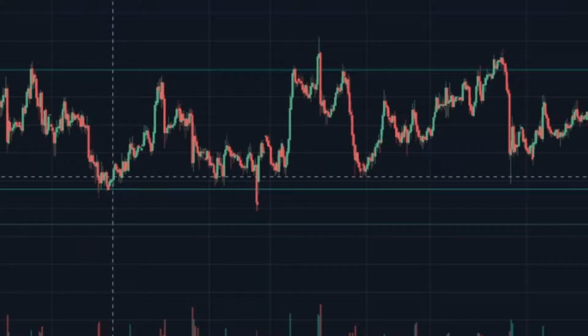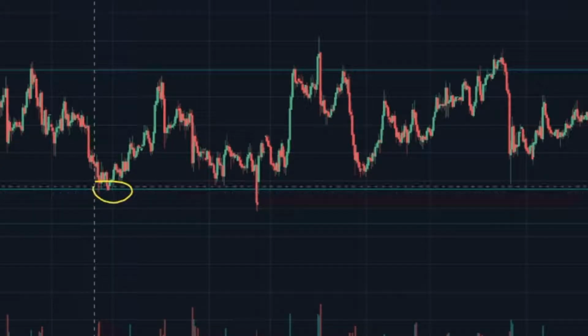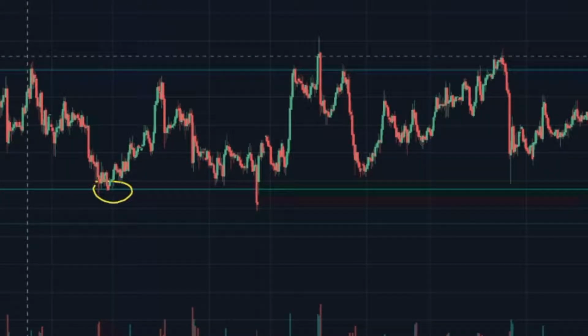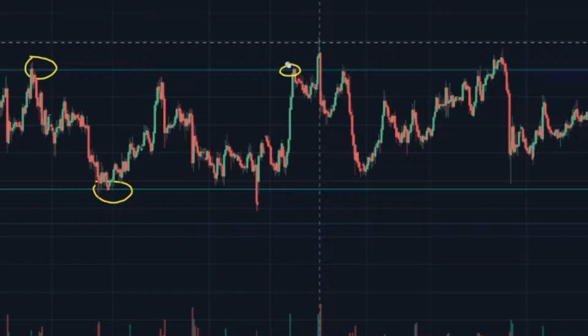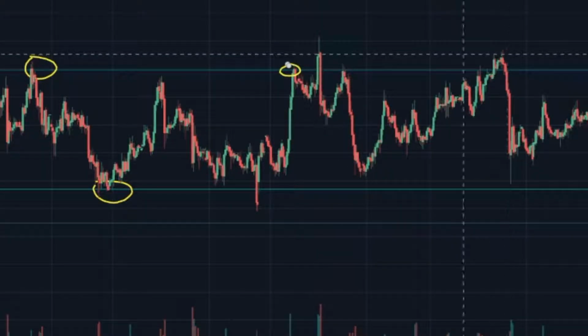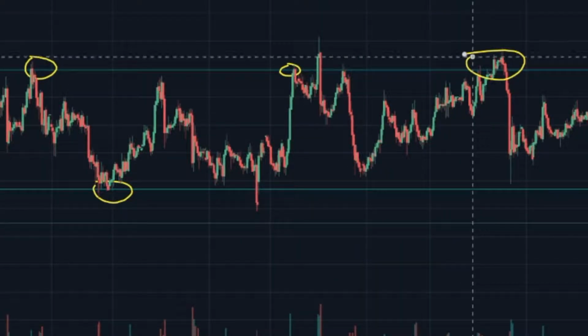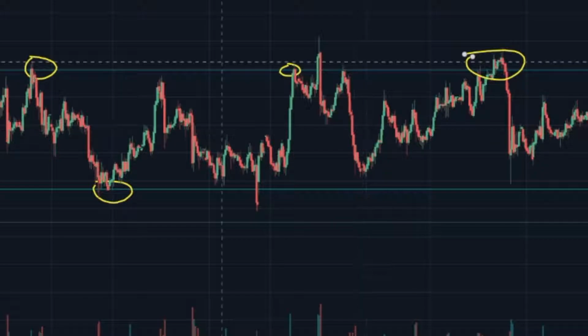But in any case, we know that we have points of contact. For instance, here we have a 1, here we have another 2, 3, we have a kind of fake out over here, and we got various points of contact where the price has actually retraced back.